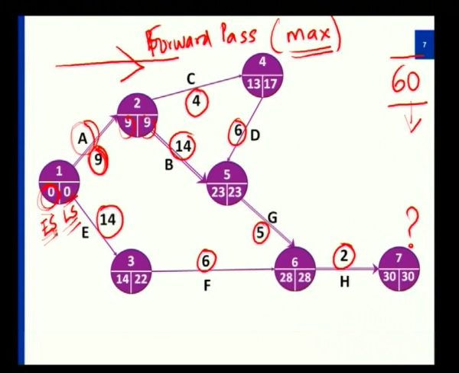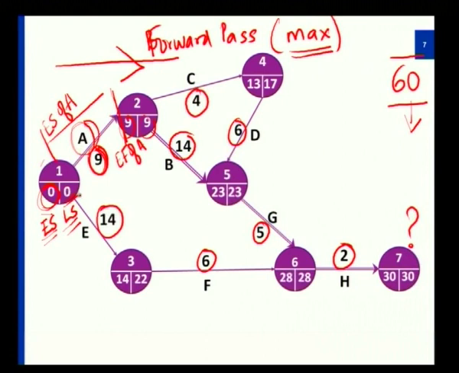So the early start for this would be 0, and this becomes the finish, the deadline for activity A. Here is where activity A starts, the early start of A, and this becomes the early finish of A. So this node is the early start of A, and this node is the early finish of A.